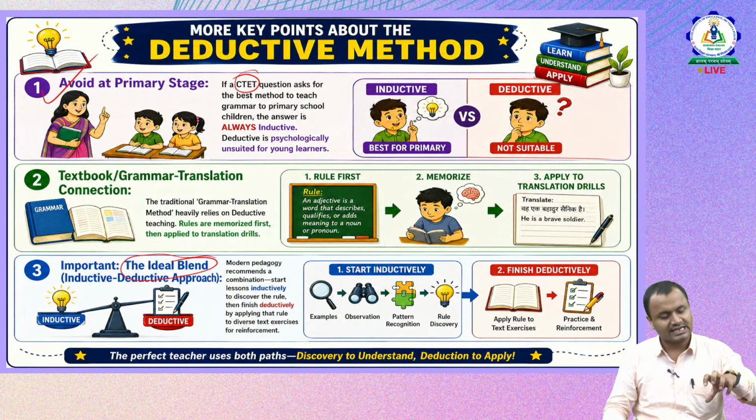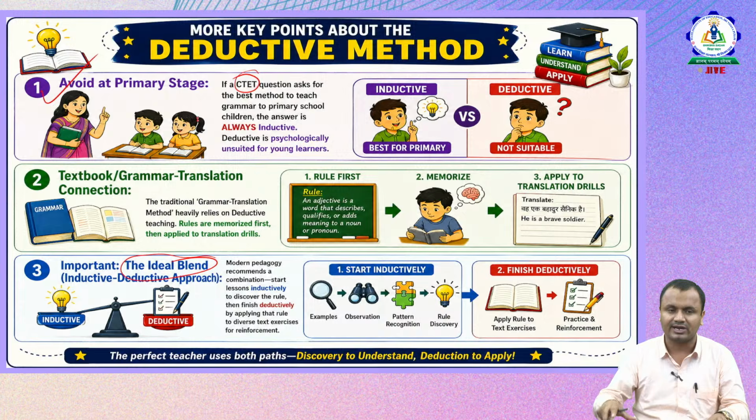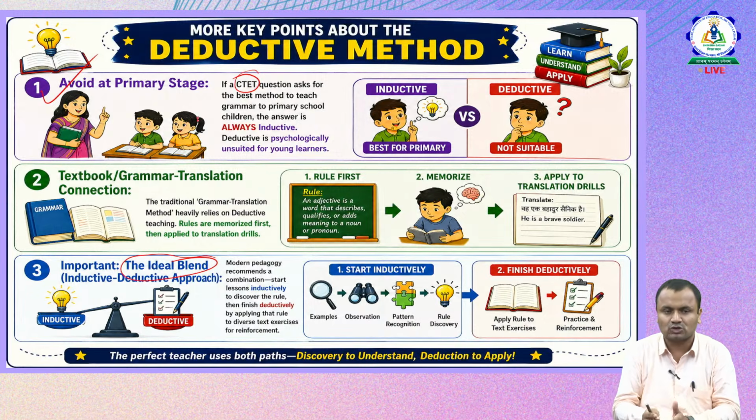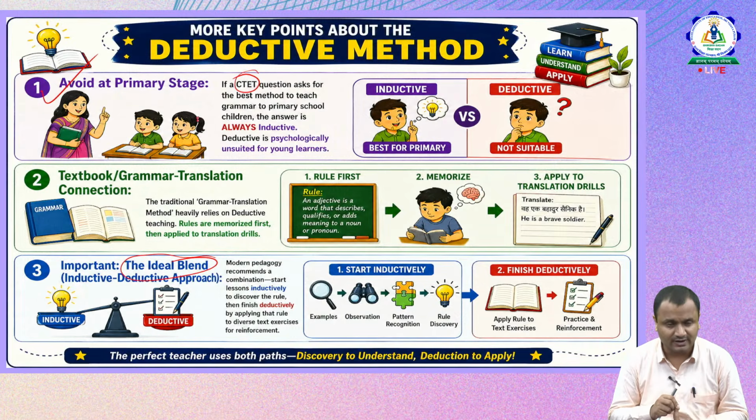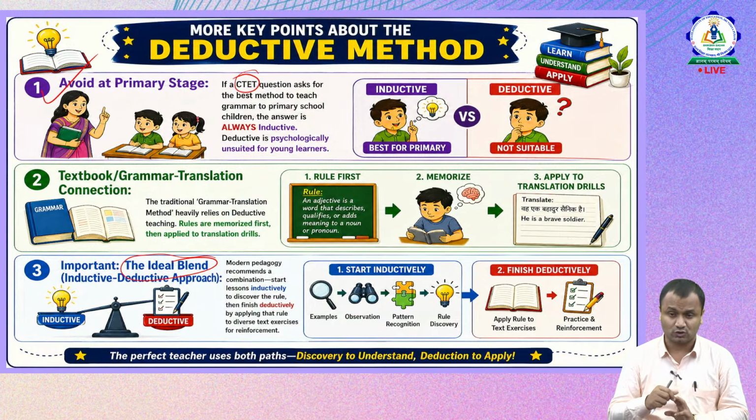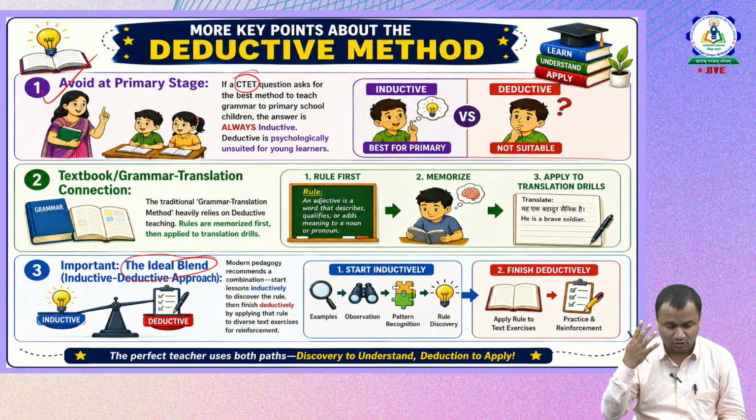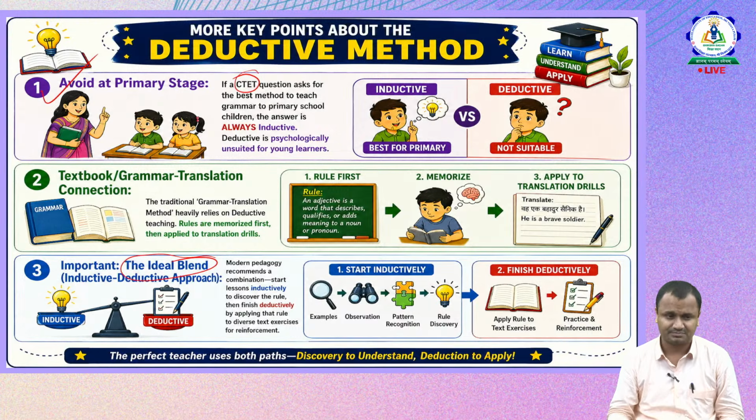So start the journey in the inductive way, end the journey in the deductive way, mix both, make it a blend. That blend is best because it gives you the opportunity for hands-on activities, discovery learning, and it gives you the concept in your cognition as well. You mug up the things as well, you revise the things as well, you learn the things as well. So a mix of inductive and deductive is best.